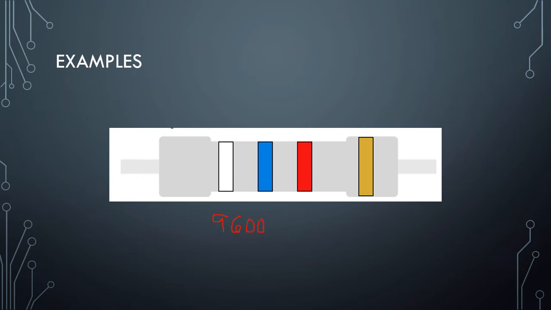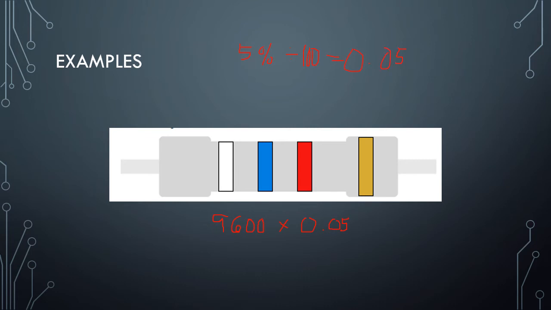In our resistor color code, gold signifies a 0.05 or 5% tolerance. If we convert 5% of 9,600 to decimal, we just simply divide it by 100, so we have 0.05.